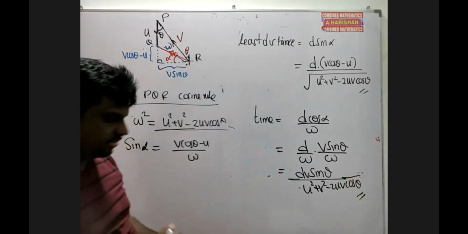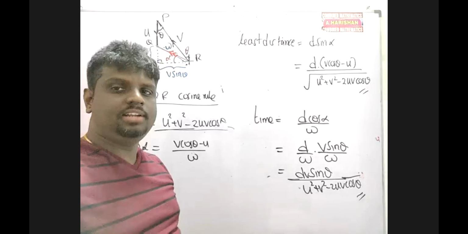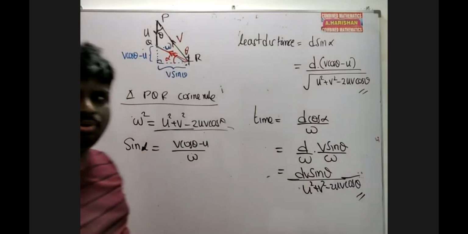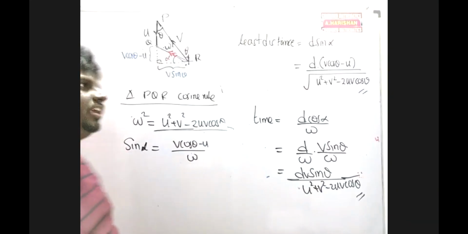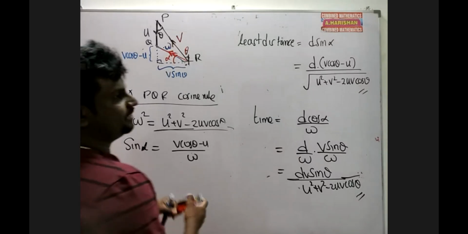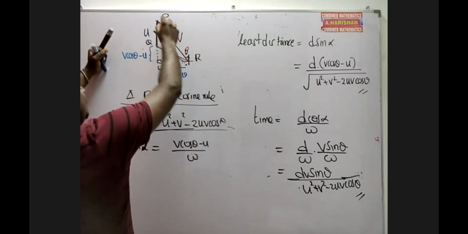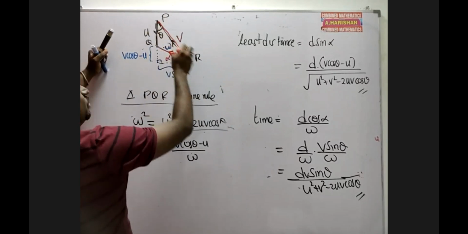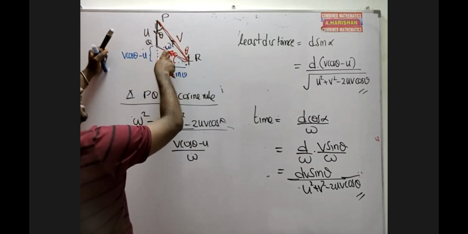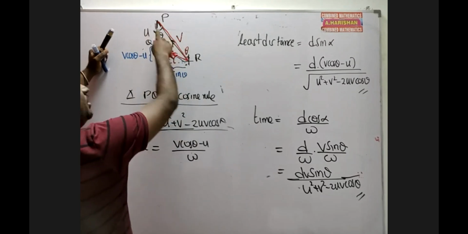Is it clear? Do you understand this one? Okay, if you can understand, no problem. Can you explain W squared equals? Cosine rule, man. Oh my goodness. In this triangle, this is U, this is V, this is W. So the cosine rule is W squared equals U squared plus V squared minus 2uv cos theta.